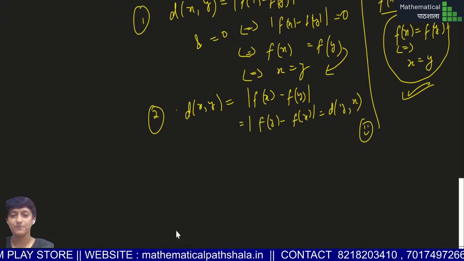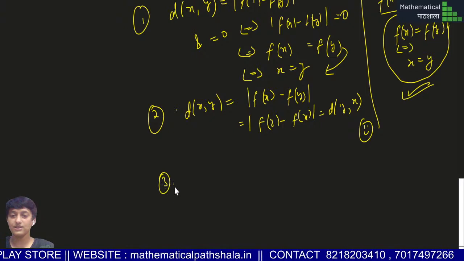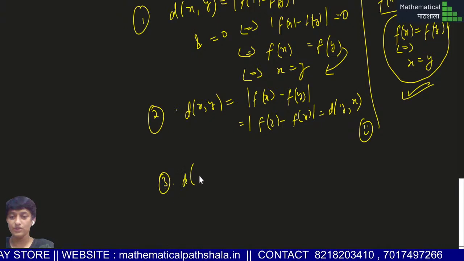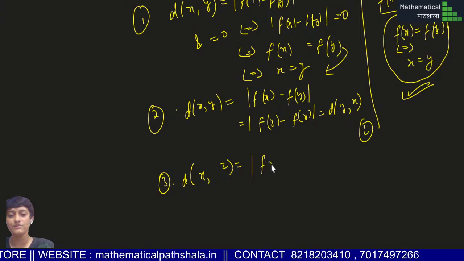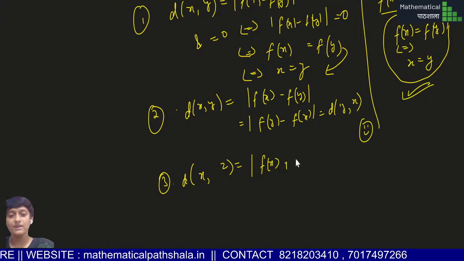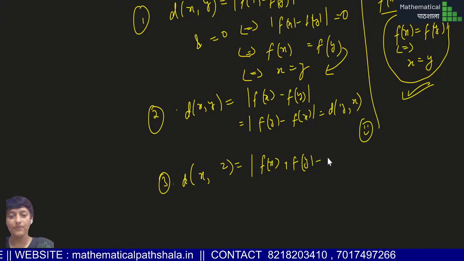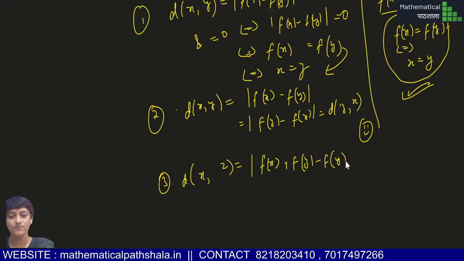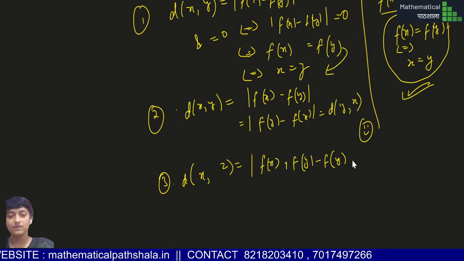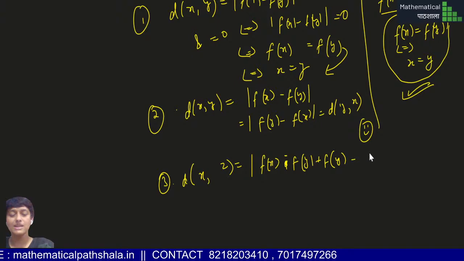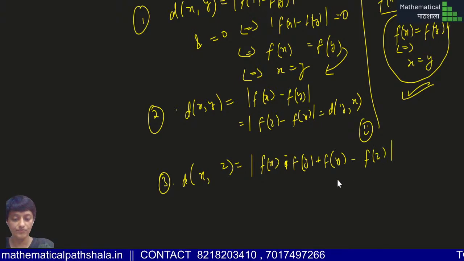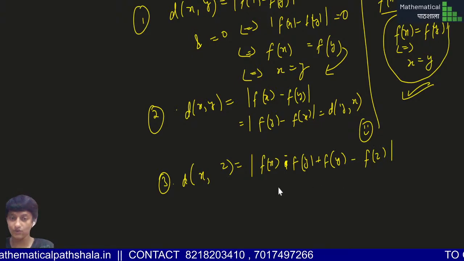Now the third part, third is triangle inequality. So d(x,z), we will introduce something here. We will introduce f(y), minus f(y) and plus. Let us first introduce the minus sign, then plus sign. It will be easier. Minus f(z). Absolute value satisfies the triangle inequality.